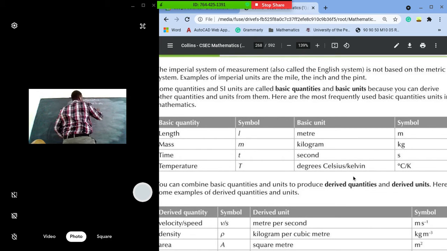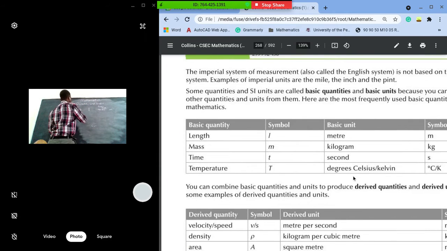And what do you think the symbol for meter is? It's just m. So this is called a basic unit, this is called symbols, and this is called a quantity.